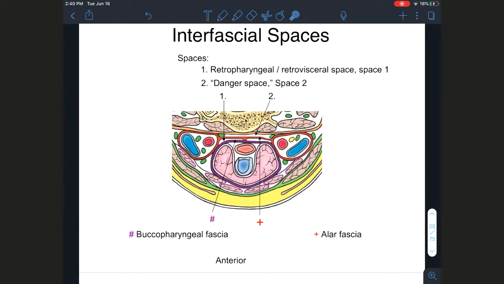What's important about that is that's your connection between your neck and your thoracic cavity. So if you have, let's say, an infection in your neck, it can very well travel down and connect to your thoracic cavity through that danger space right there. That's a good clinical question to know.